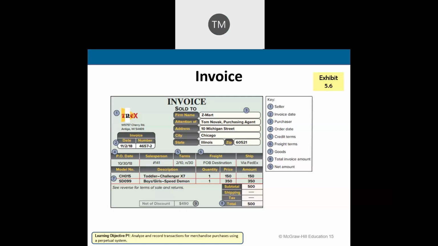Go ahead, Mark. When you said dates are important in accounting, why is that? Well, think of the matching principle, Mark. The matching principle tells us that we need to recognize revenue and expenses in the time frame or the accounting period in which they happened.